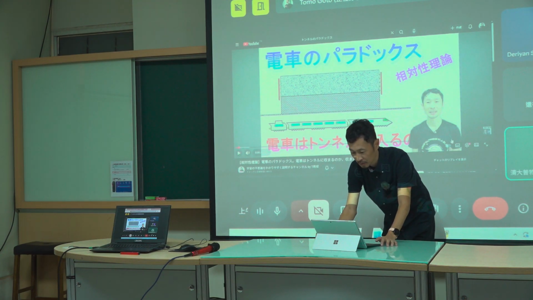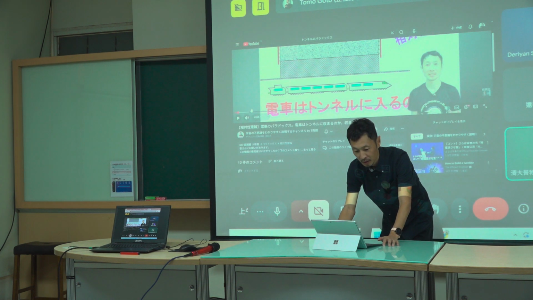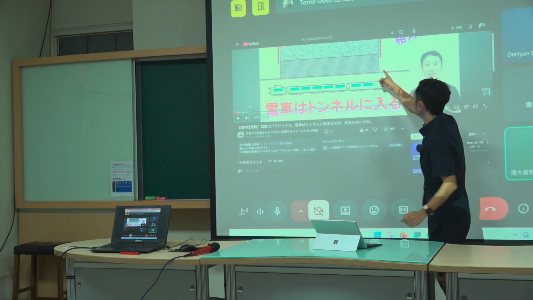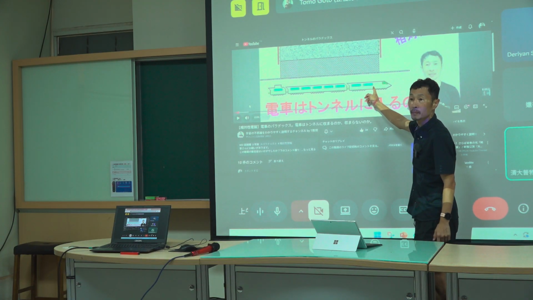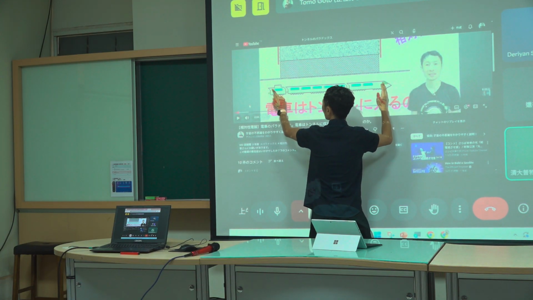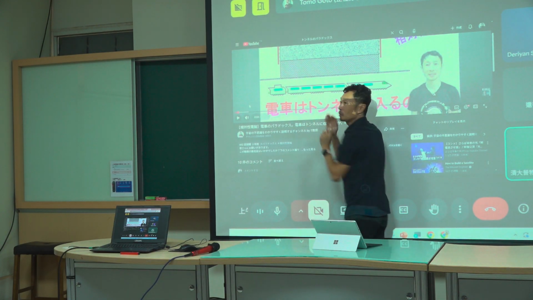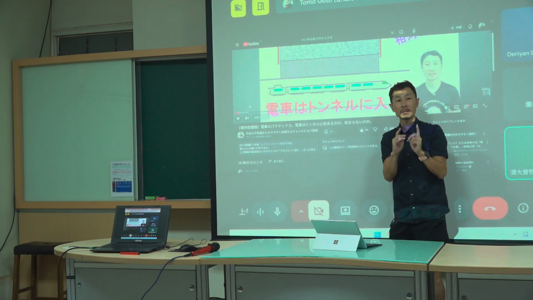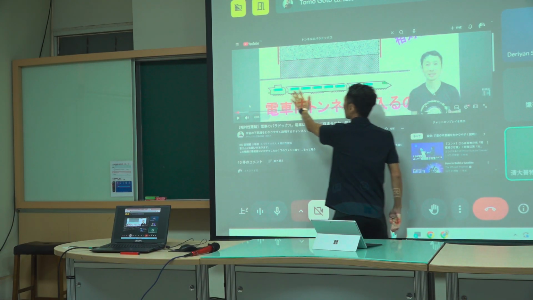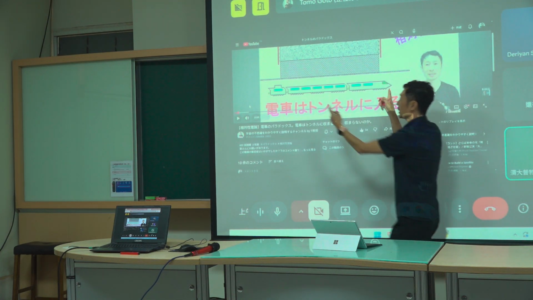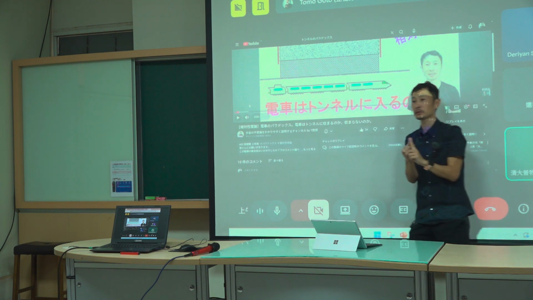When the train comes in, this is a tunnel, and this is the train. The train is longer than the tunnel, so usually it's not going to fit in the tunnel. But if the train is moving very, very fast, near the speed of light, the train gets shorter because of the Lorentz contraction that we just learned.